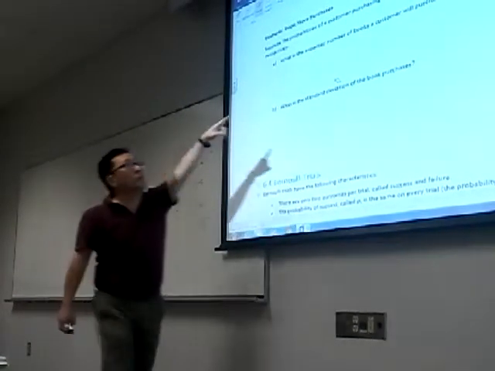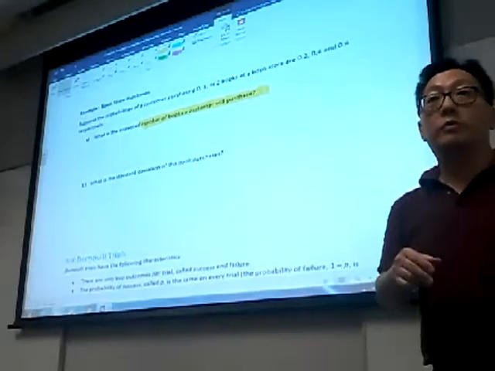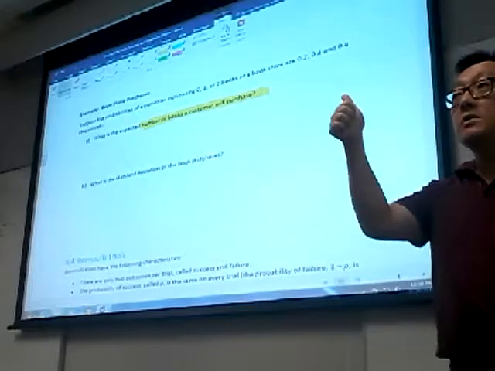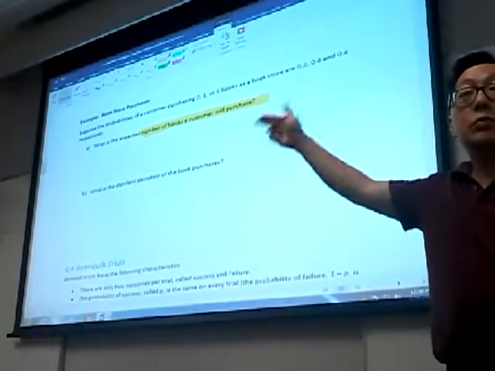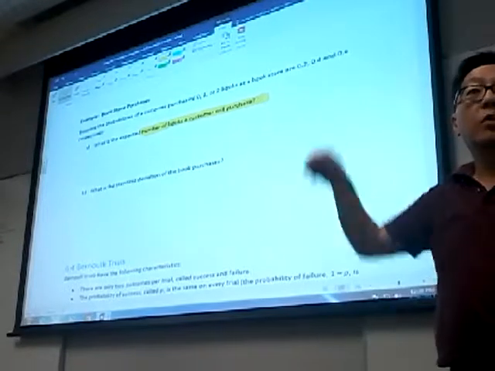So the number of books a customer will buy, it is a random variable. Now I can say the number of books a customer will buy is the random variable with the 3 values, 0, 1, or 2 with the probabilities 0.2, 0.4, and 0.4.